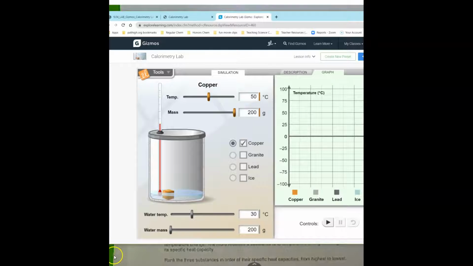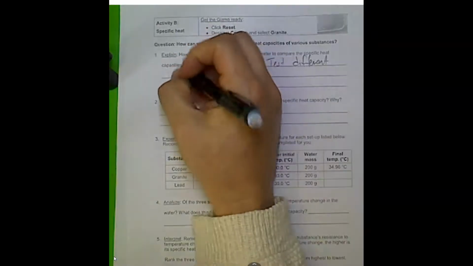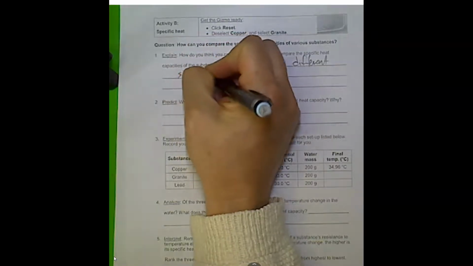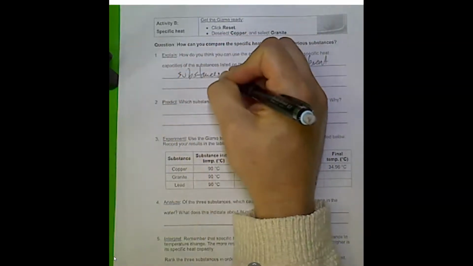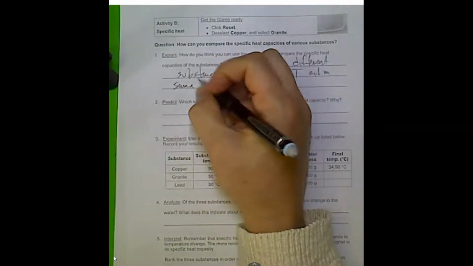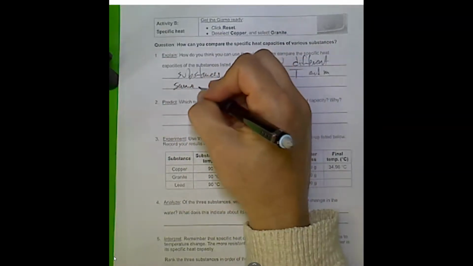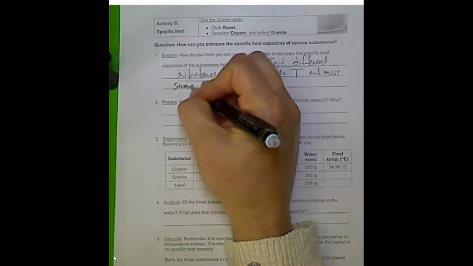Let's try it. First, we got to fill in this part. We're going to test different substances, and we're going to make sure we're going to keep all the temperatures and masses the same, and the independent variable, the different substances, will be the independent variable. Keeping the temperature and the mass the same will be a constant variable.